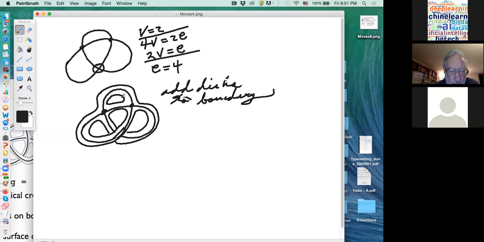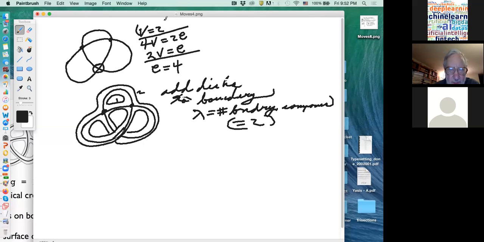Now, how many boundaries do we have? Here's one boundary, and here's the other boundary, right? Lambda equals the number of boundary components, and that's equal to 2 here.